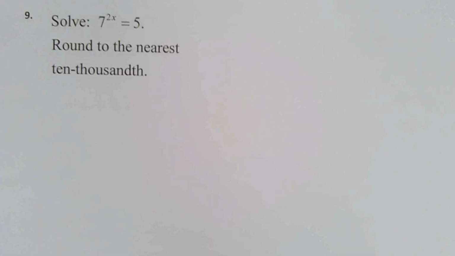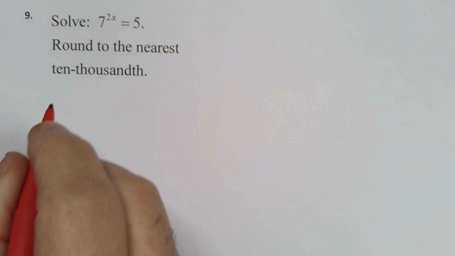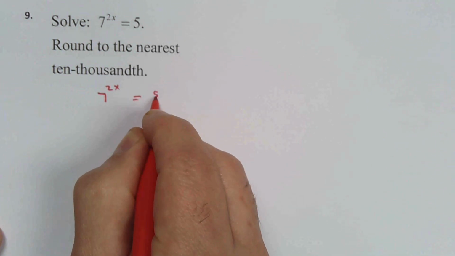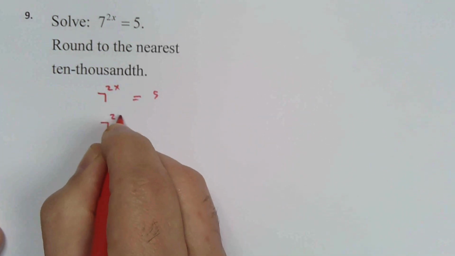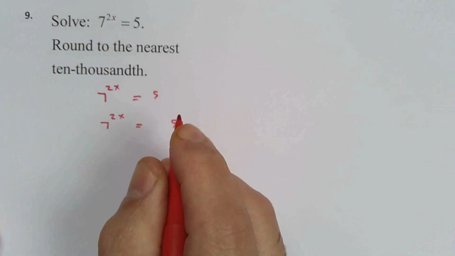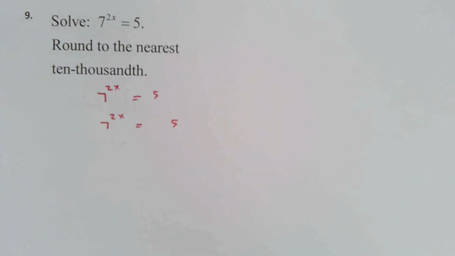Number 9. Solve the following. So we have 7 to the power 2x equals 5. So the way to do it, to bring the 2x down, we need to use the natural log or logarithms.